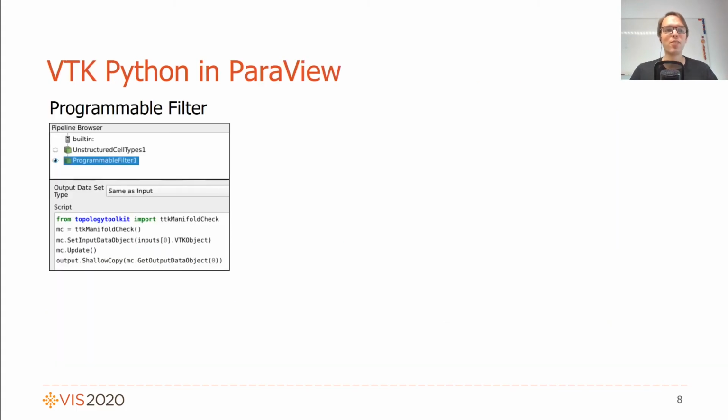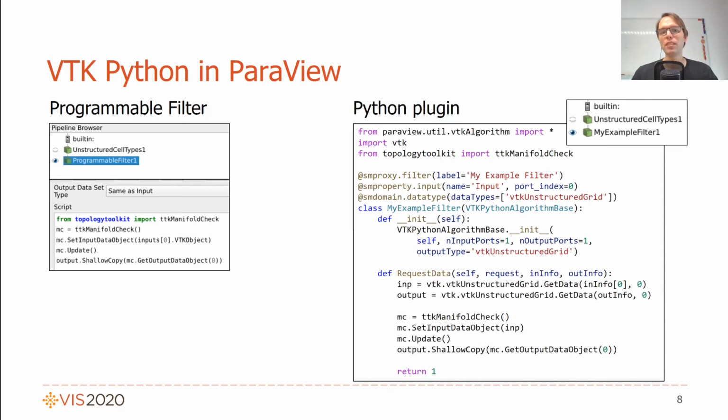Finally, I would like to point out that the VTK Python interface is also useful in ParaView, namely if you use a programmable filter or a Python plugin. A Python plugin is basically just a newer version of the programmable filter where you implement a VTK Python algorithm base class in a Python file, which can then be loaded directly as a plugin in ParaView.